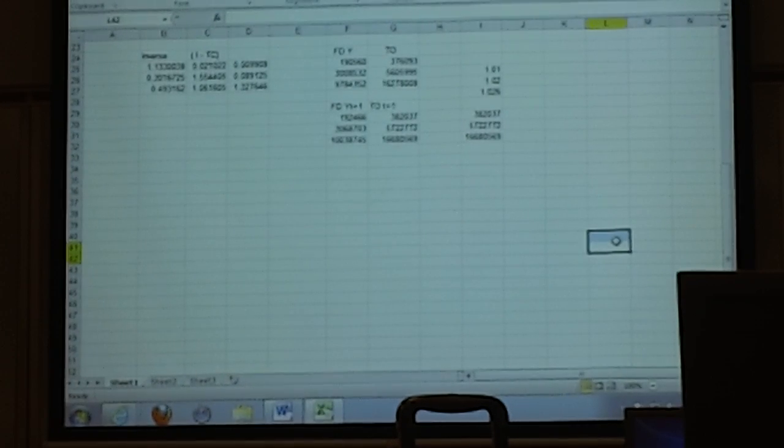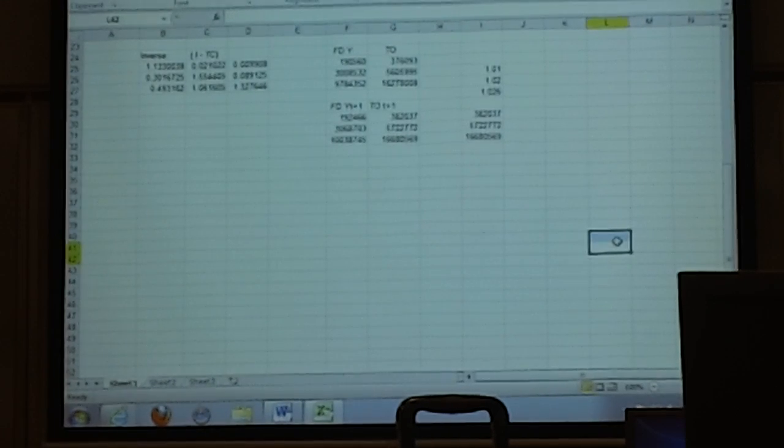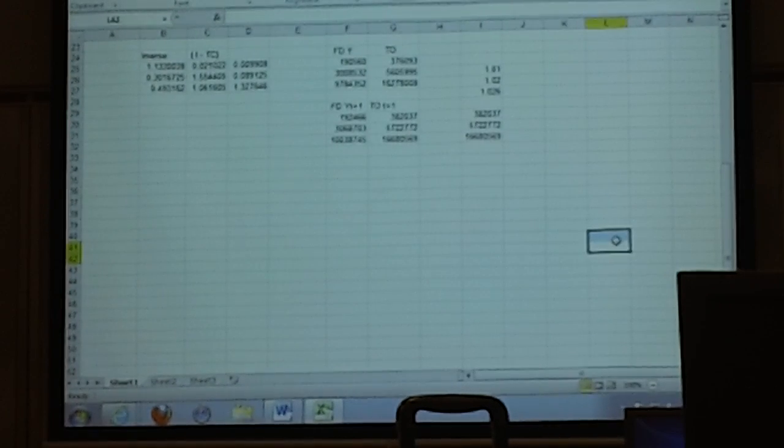Let's suppose they say, we expect the final demand for agriculture to go up by 1.1%, final demand for industry by 1.02%, and final demand for service by 1.026. They do a forecasting model to forecast that. Now, knowing that, and knowing what our technological coefficients are, what do we have to produce as total output?